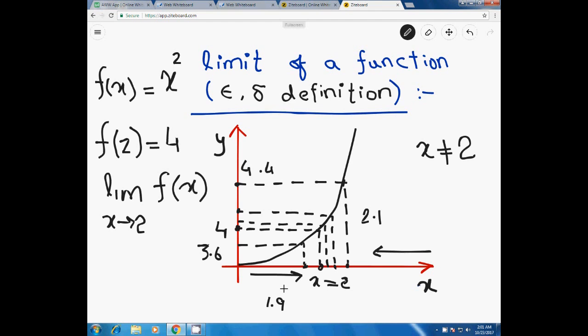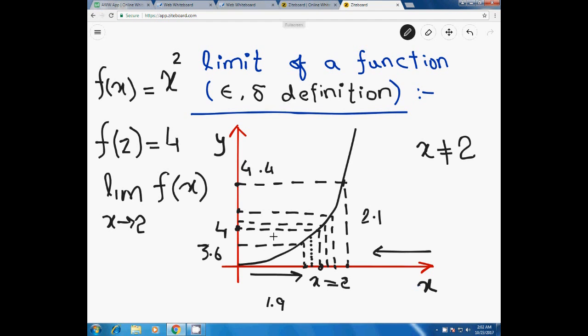It is close to 4, but if I come closer to 2 from the left hand side, then I will see that the value of the function gets more sharpened and comes very close to 4. Therefore, as you come close to x is equal to 2 from the left hand side, you will see that the value of the function comes close to 4.